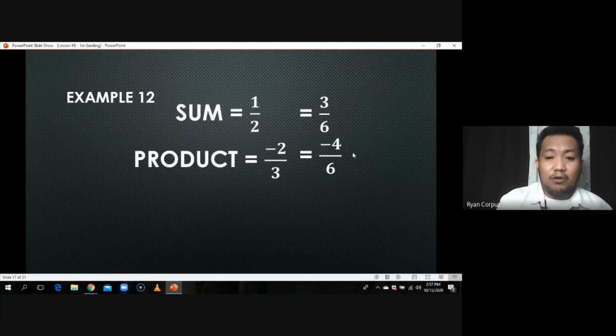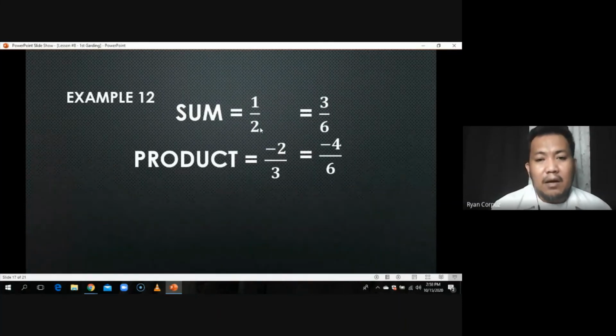That means we are going to make 1 half and negative 2/3 fractions with the same denominator. Kasi mas madali na kunin yung quadratic equation if the given sum and product are fractions that have the same denominators. Using the LCD of 6, by multiplying 2 and 3, we have 6 here. For us to get the numerator, 6 divided by 2 is 3, times 1, which is 3.